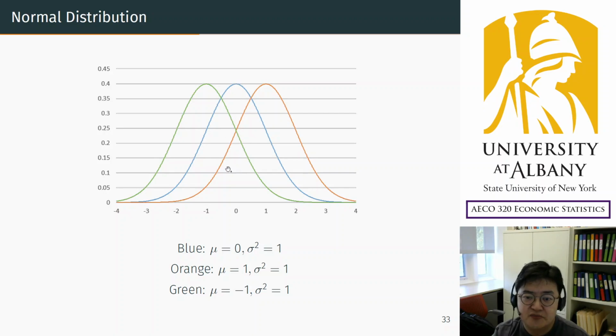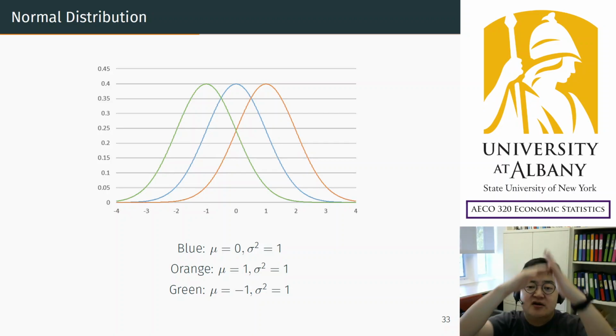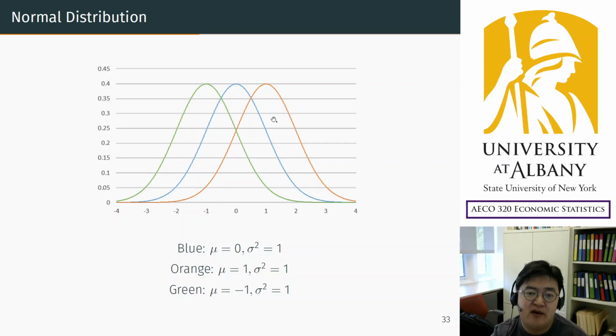The blue one is centered around 0 because the mean is 0. Green is centered around -1 following its mean, and orange is around 1, its mean. So the mean is the center, and then the bell curve goes smoothly and nicely away from the center, symmetrically.